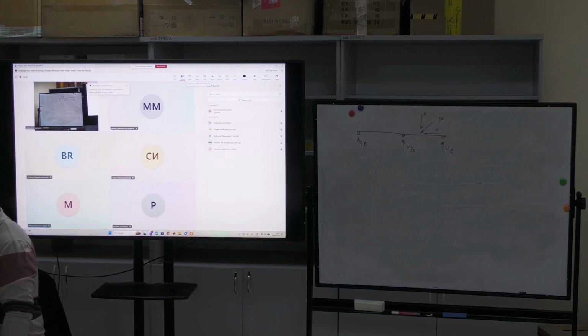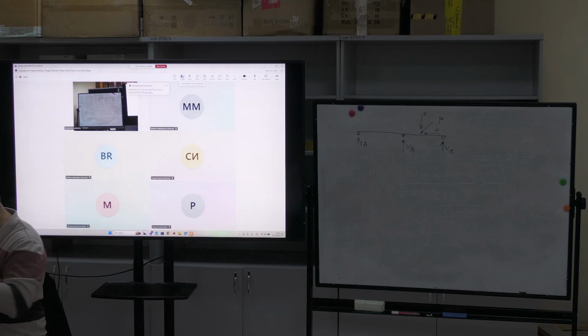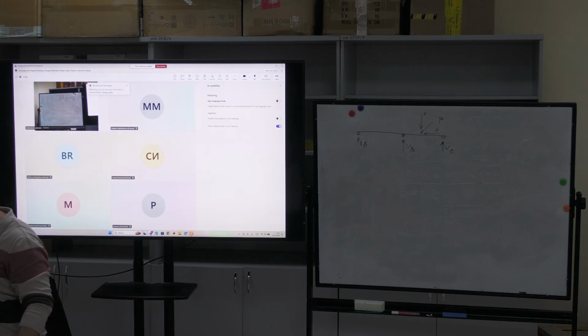This is new for me. Is this Google Meet? No, this is Microsoft Teams. I cannot use it well; it's my first time using this application. So I'm sorry. Maybe other participants can also add people. Accessibility, okay.